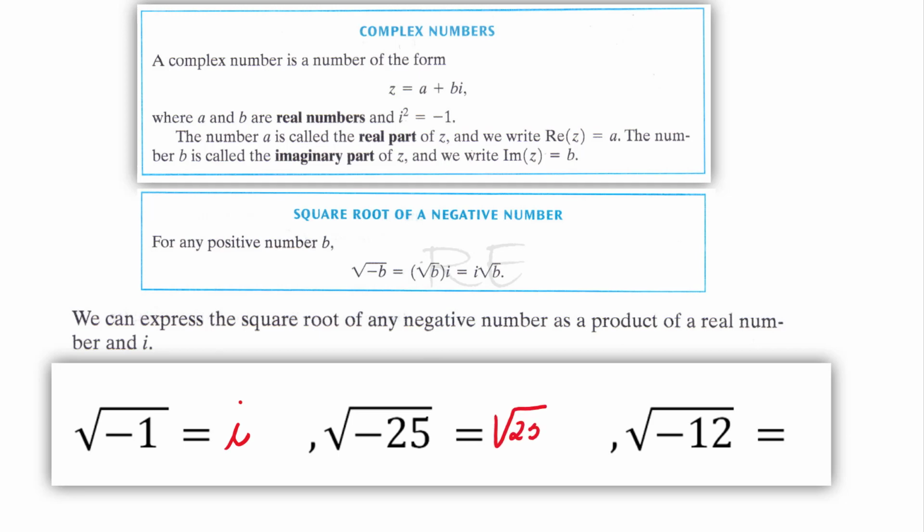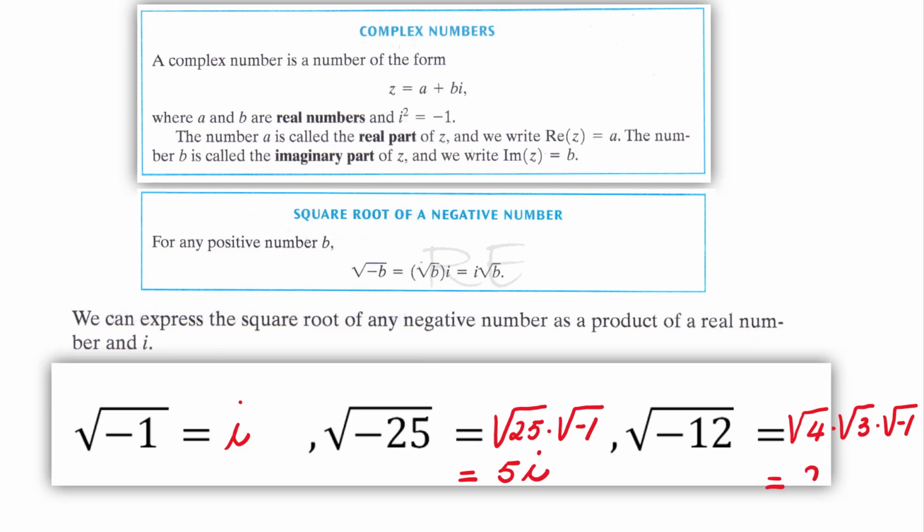Square root of -25 will be square root of 25 times square root of -1. Square root of 25 is 5, and square root of -1 is i, so 5i. Square root of -12 will be square root of 4 times square root of 3 times square root of -1.